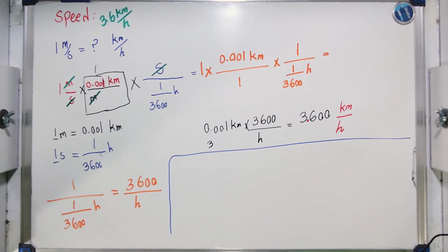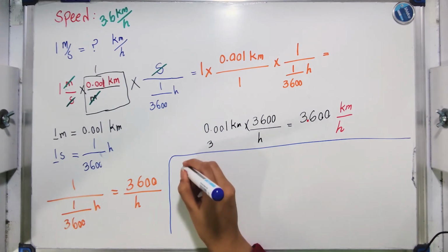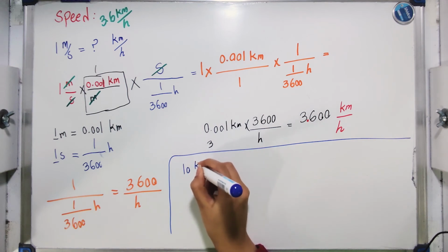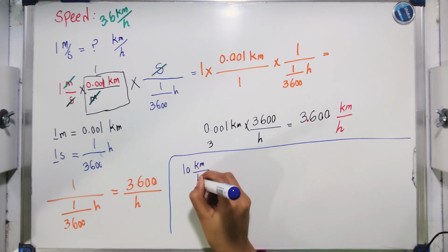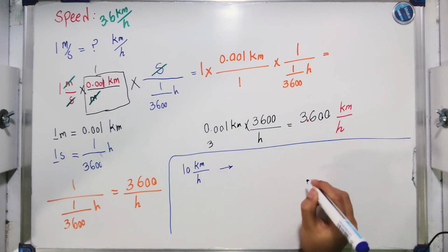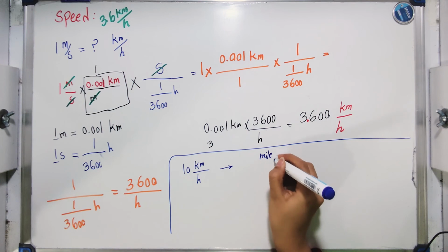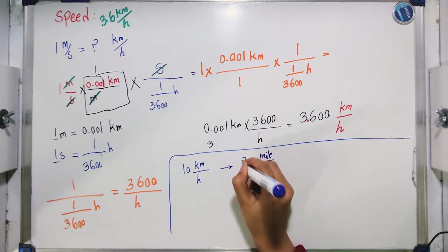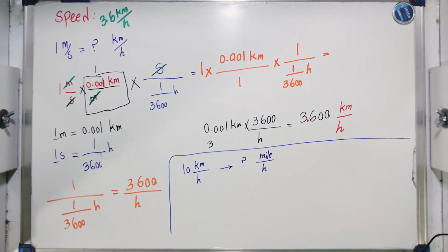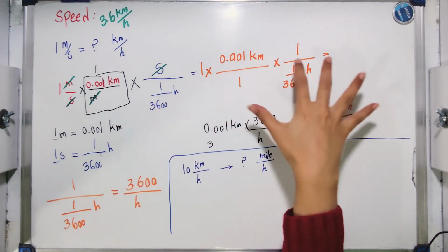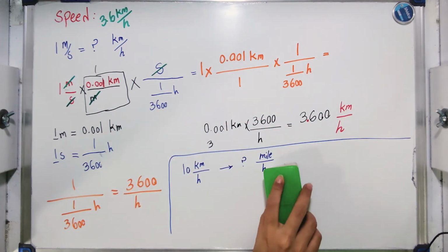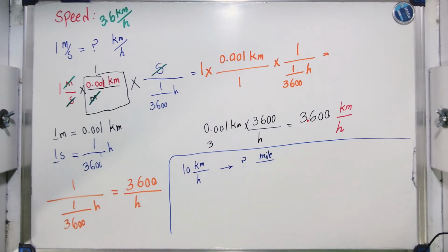Imagine that I am changing 10 kilometers per hour to miles per hour. Instead of going through all these steps, or even we can say miles per second, so you can see I'm just converting both units. Okay, miles per second.